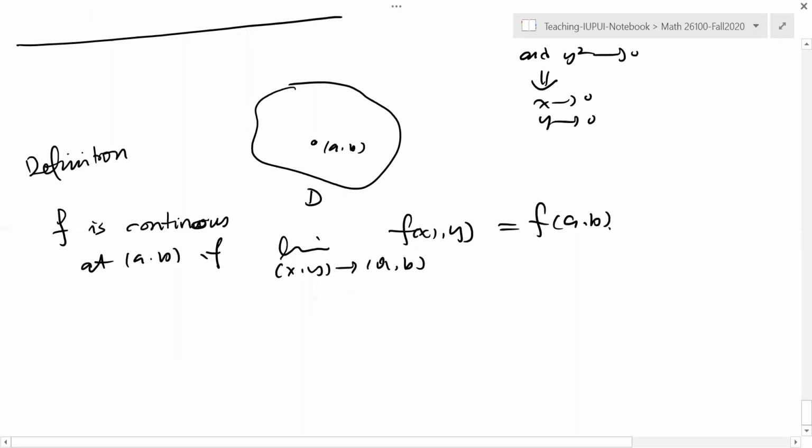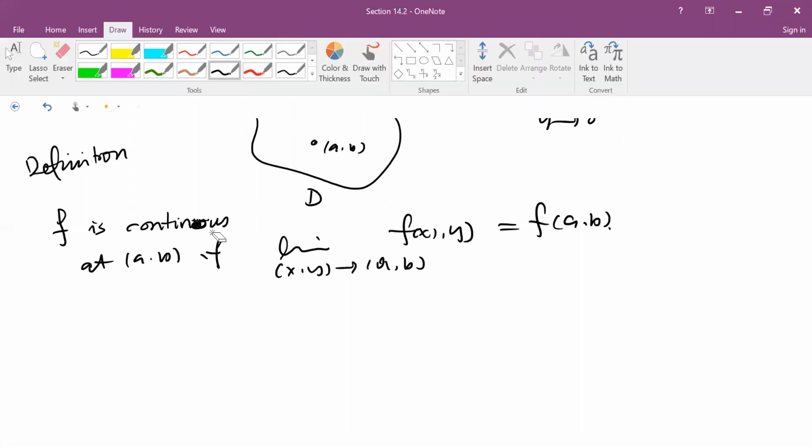And if the value of the function doesn't exist, then you cannot say the function is continuous at that point. That's my experience. Let me write this.